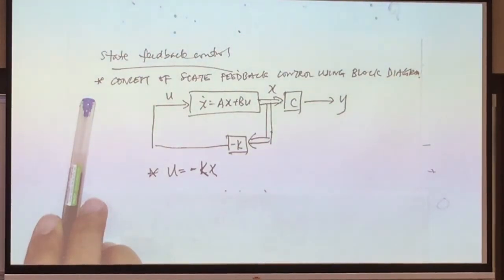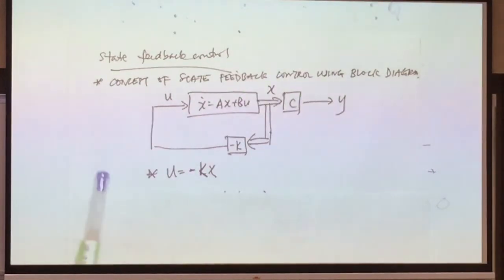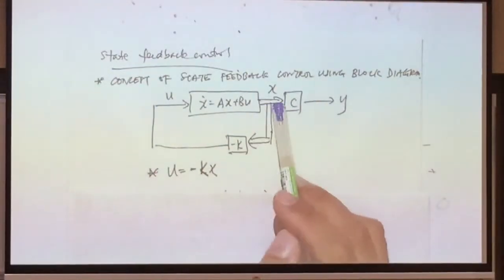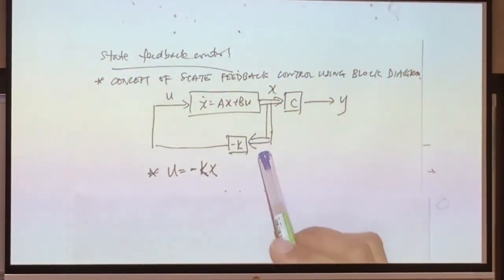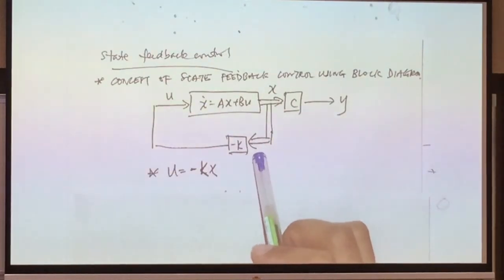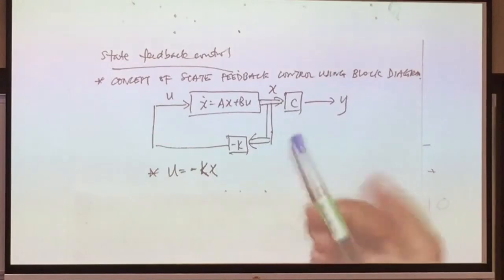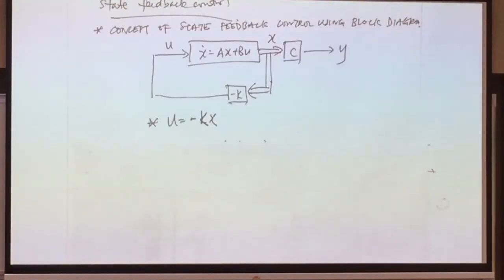So you draw this, and tell me that u is minus Kx. If I don't see the double line here for x, I'm going to deduct marks, because this is not a scalar, it's a vector. Any questions? Okay?